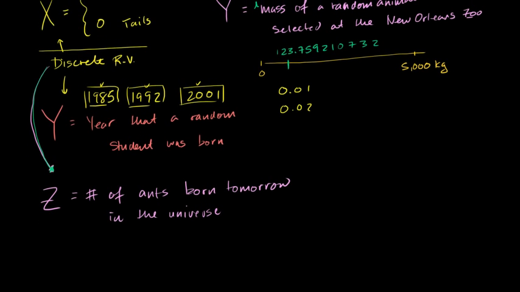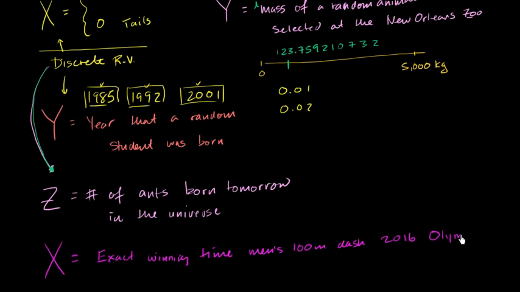Let's say that I have random variable X. So we're not using this definition anymore. Now I'm going to define random variable X to be the exact winning time for the men's 100-meter dash at the 2016 Olympics.